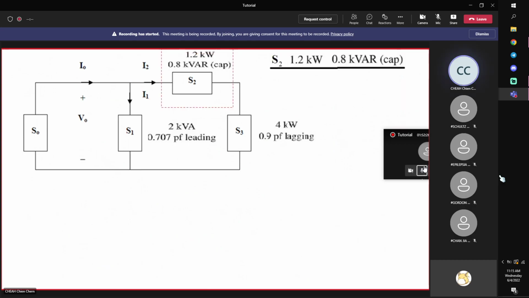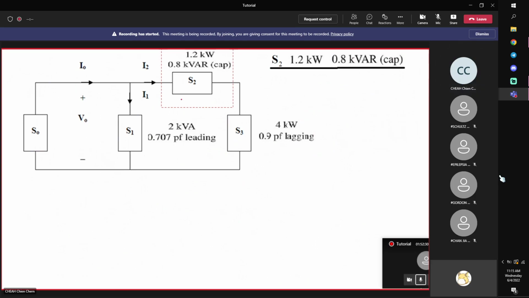So let us start with S2. I start with S2 because it's the easiest among these three. Look at the specification, 1.2 kilowatts. Just now I specifically reminded you, look at the units. This means the real power is given.